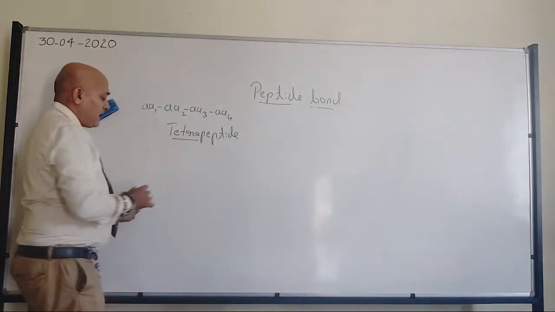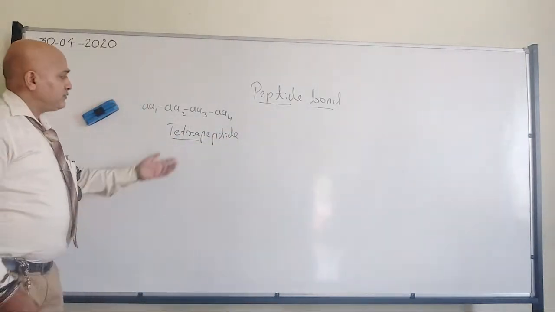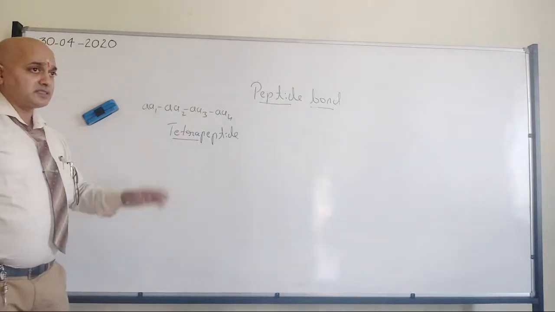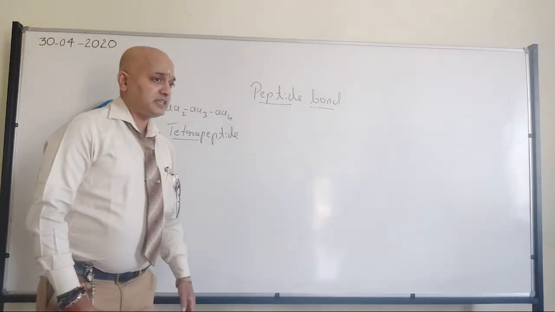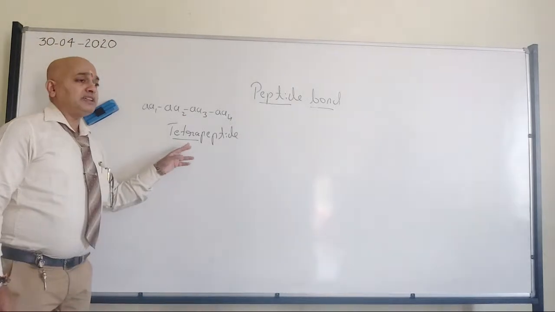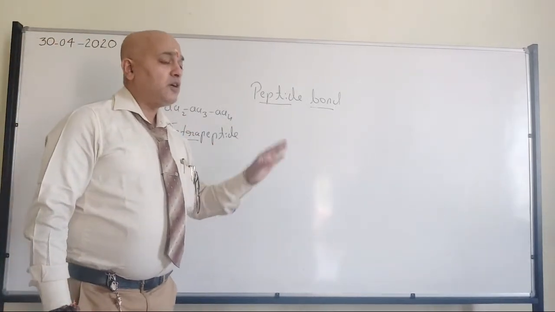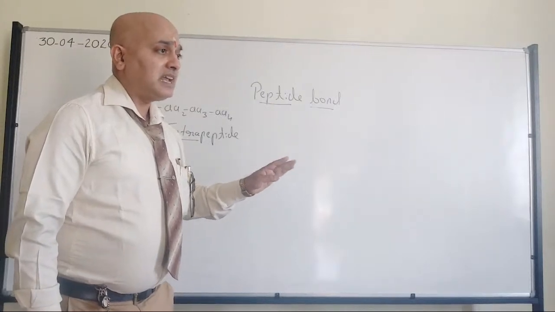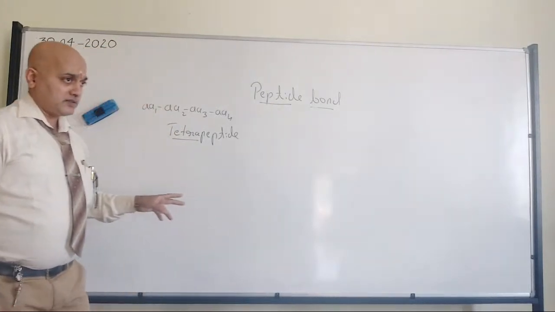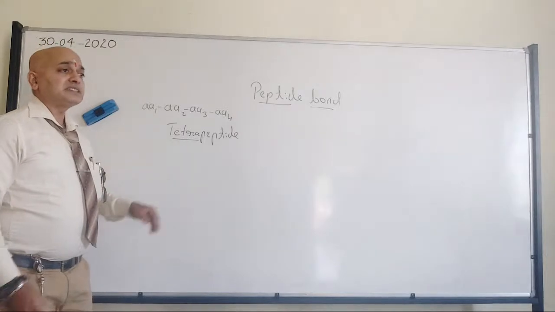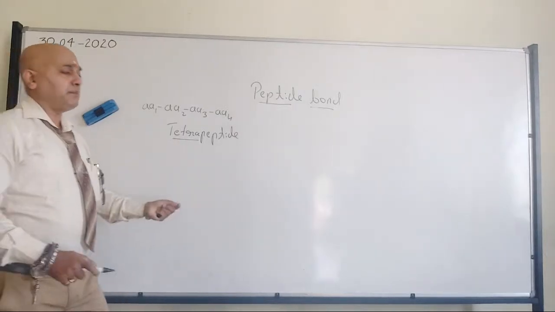Right? Tetra means 4. That 4 stands for 4 amino acids, not for the peptide linkage. So when I am talking about tetrapeptide, this is a biomolecule where 4 amino acids are linked by 3 peptide bonds.